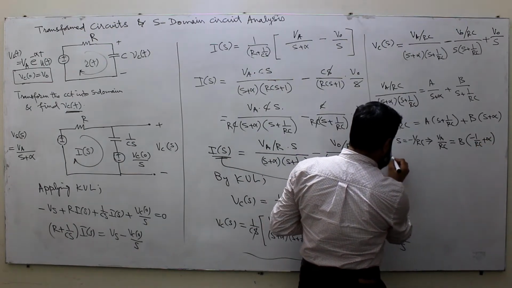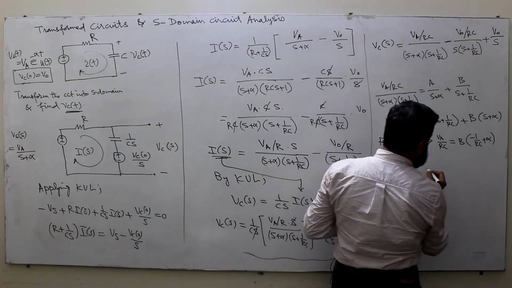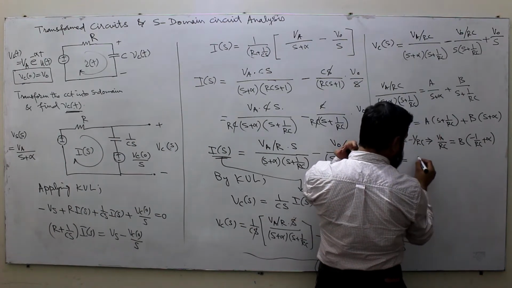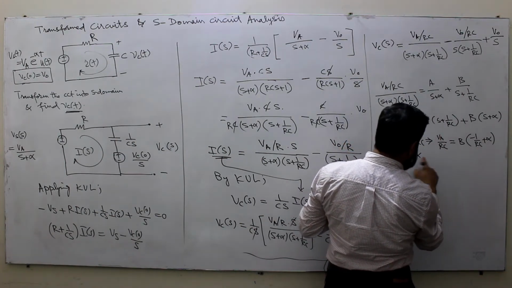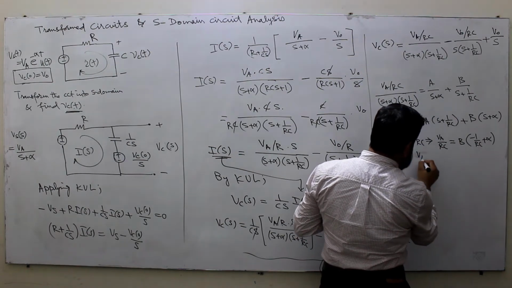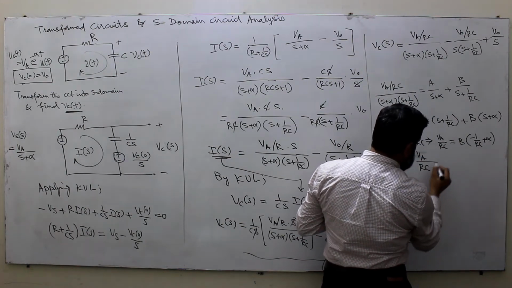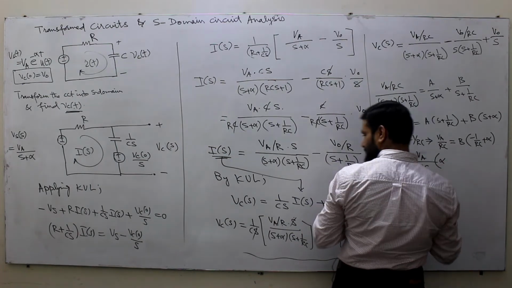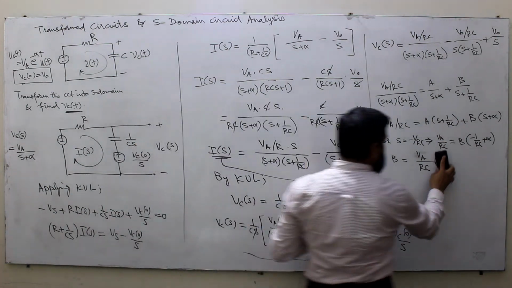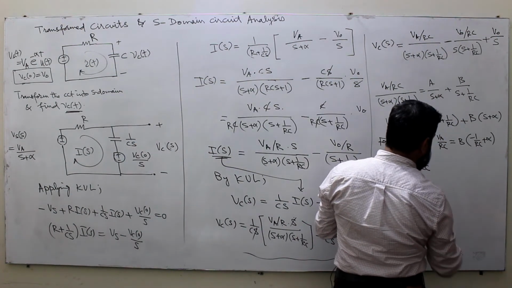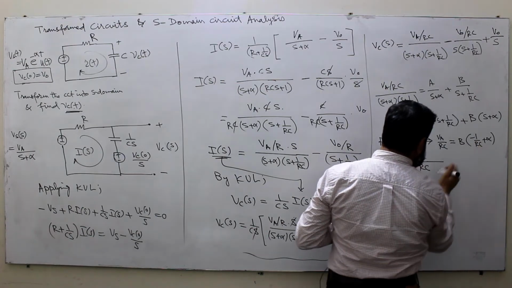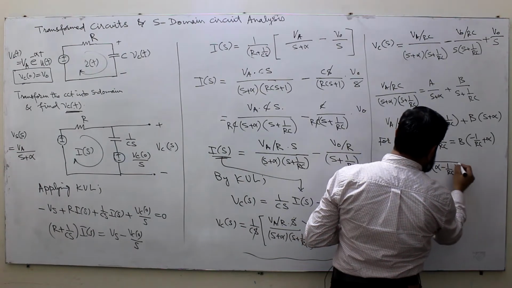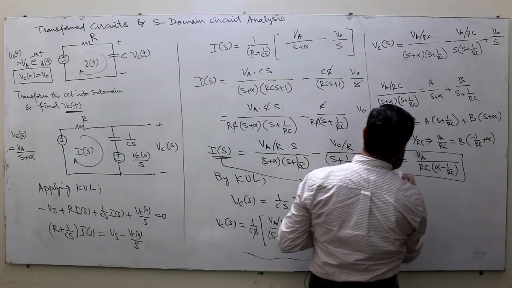So we have the B value is equal to, taking this to the other side, VA over RC into, actually it will be going in the denominator since this factor is being multiplied with B, so this will be alpha minus 1 over RC. So this is the value for B.